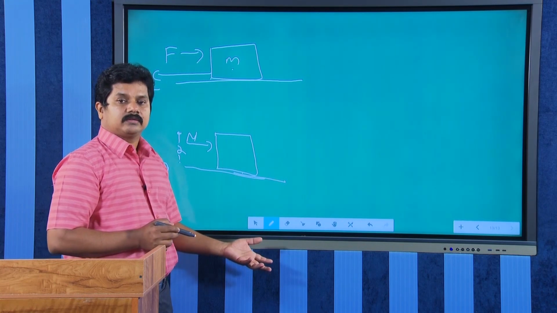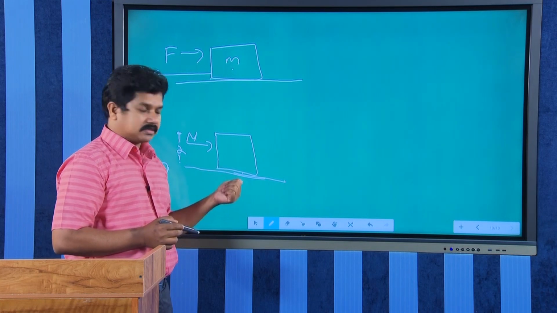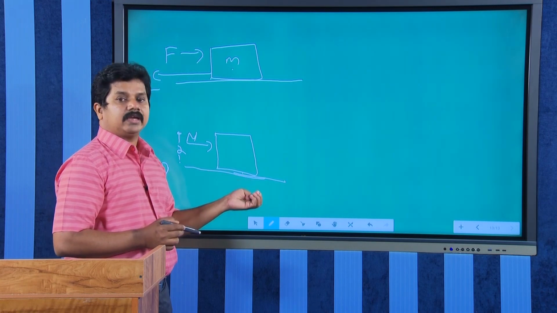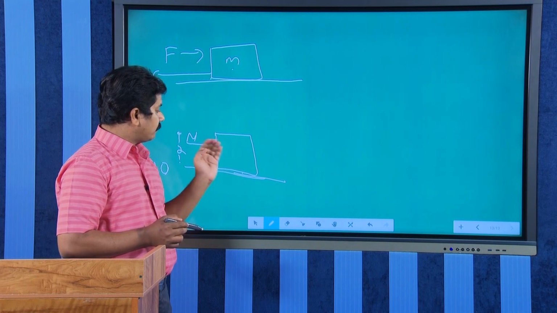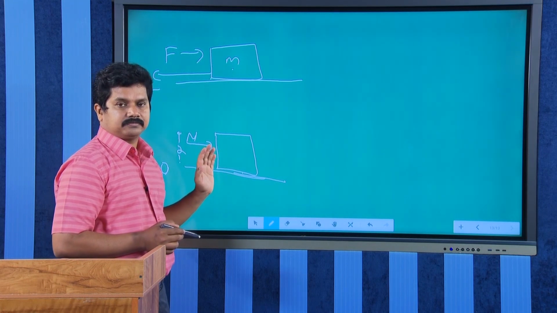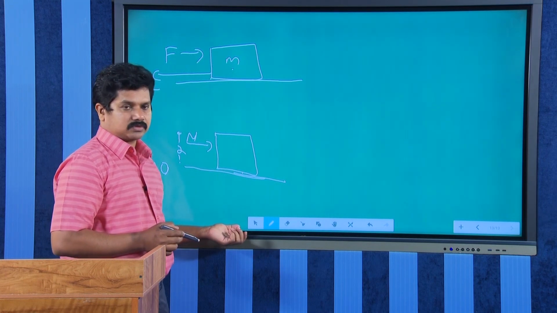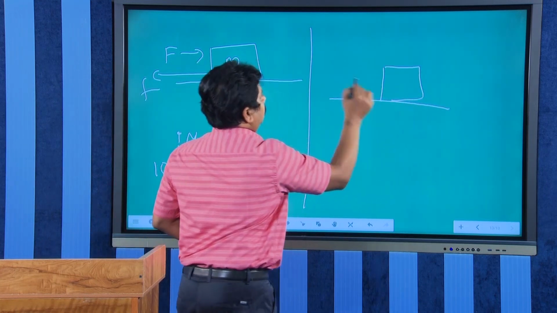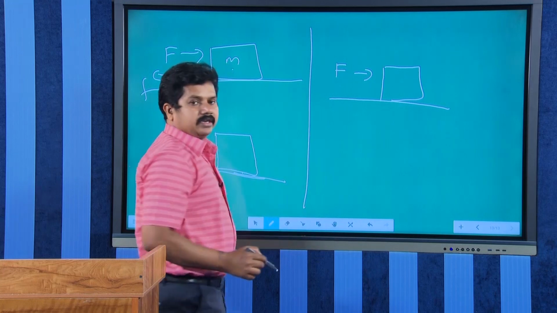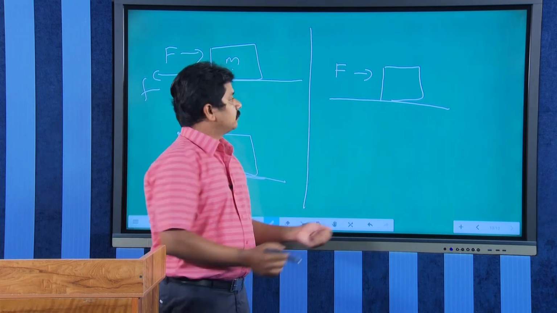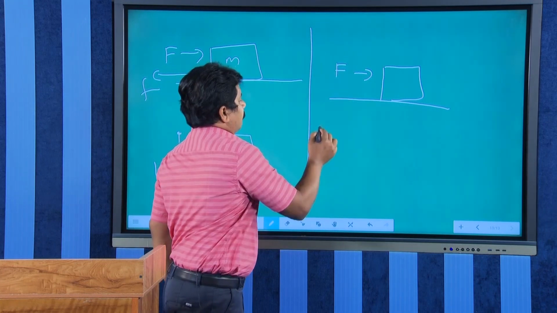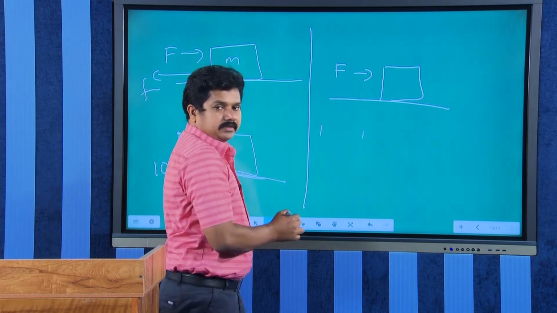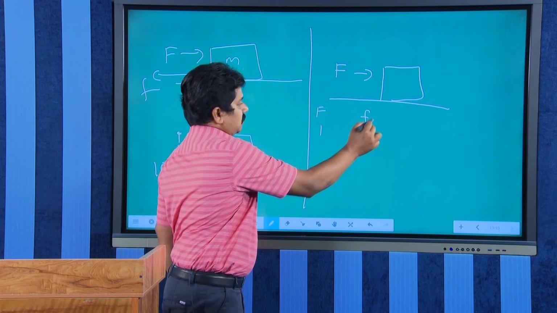Why? Because the surface applies a force in the opposite direction. That is what a frictional force is, meaning if you apply a force on it, the frictional force will develop. If you apply 1 Newton, the frictional force also will be 1 Newton.